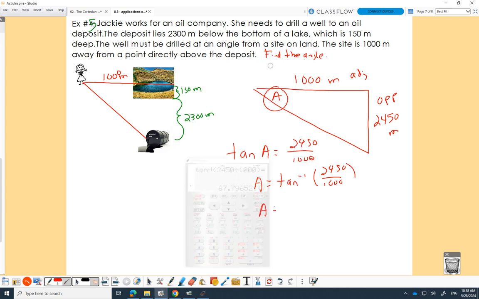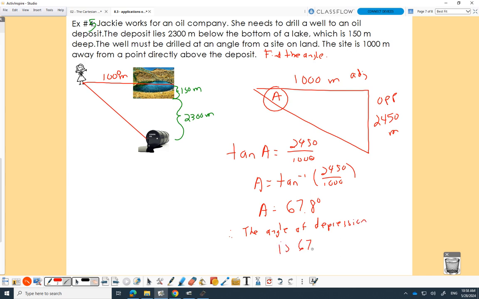I get 67.8. Anyone else? 67.8? Yeah. Therefore, the angle of depression is 67.8 degrees. Angle of depression.